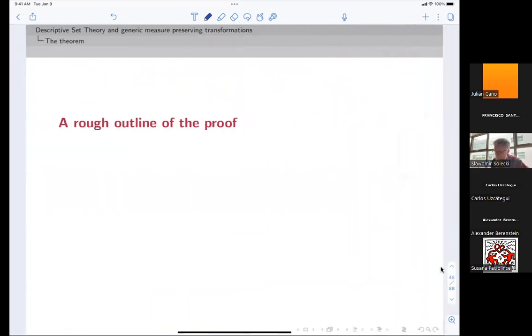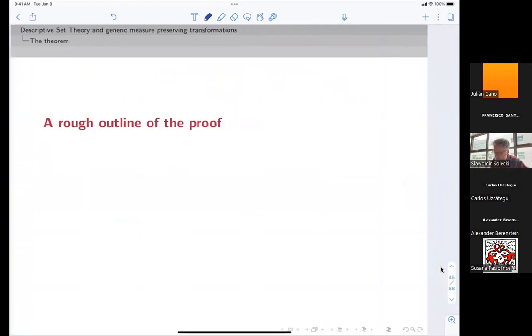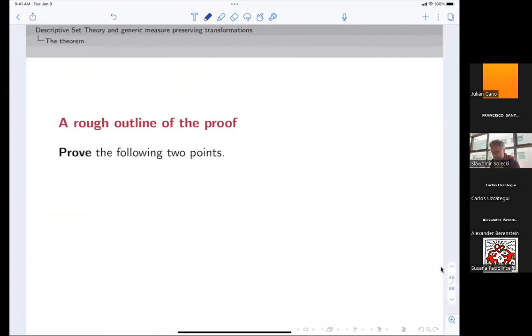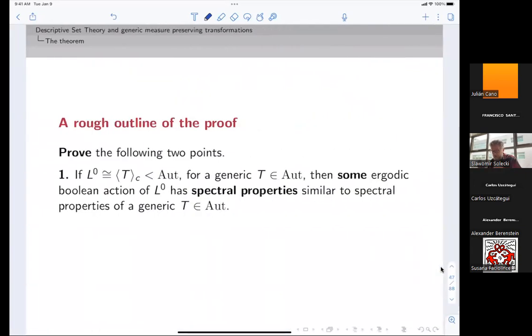So let me just, this is a rough outline of the proof. The proof is somewhat unusual for proving something like this. One proves the following 2 points. I will explain a little bit about these notions that are undefined on these slides.